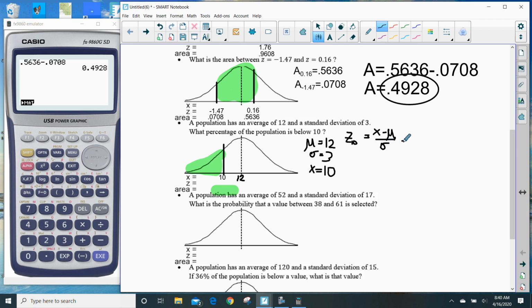And so in this situation, that is going to be x minus mu. I'm going to write this actually vertically. Right. So this is x minus mu.